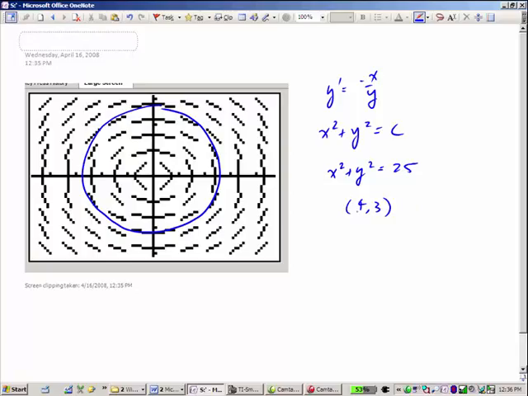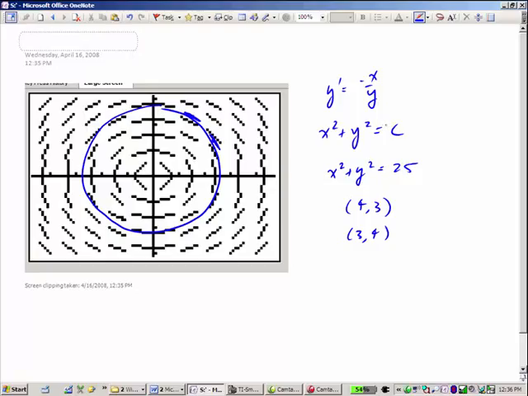So this tells me that the slope at 4, 3 is around negative 4/3, and that's steeper than 1, right? If I pick the point 3, 4, the slope at 3, 4 is about negative 3/4, right? Does that work so far?